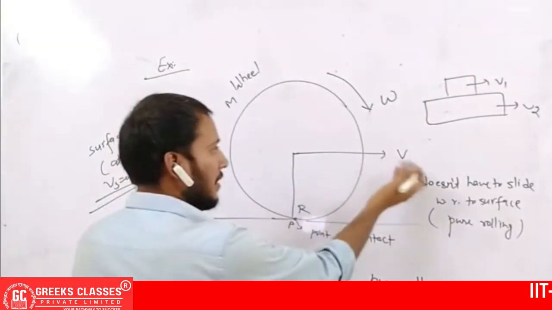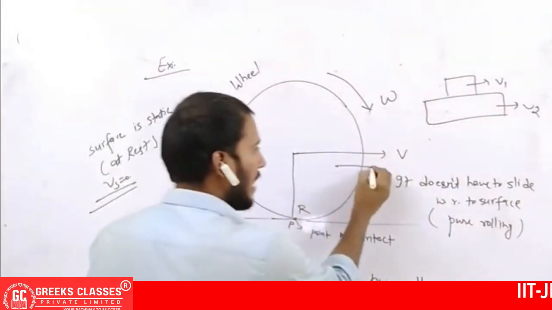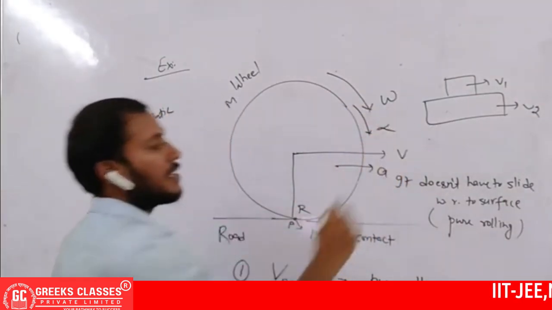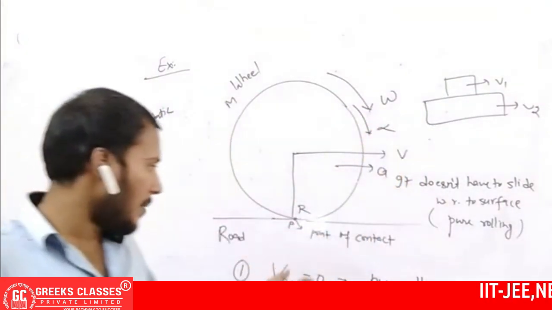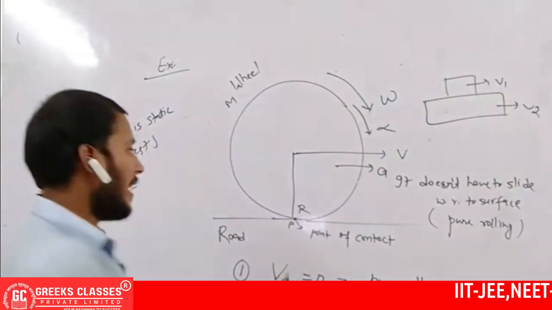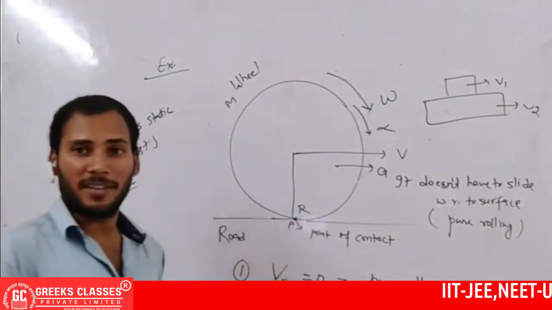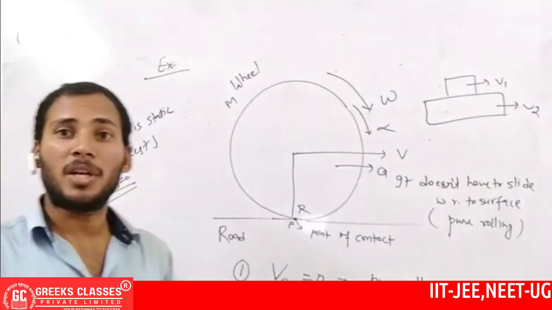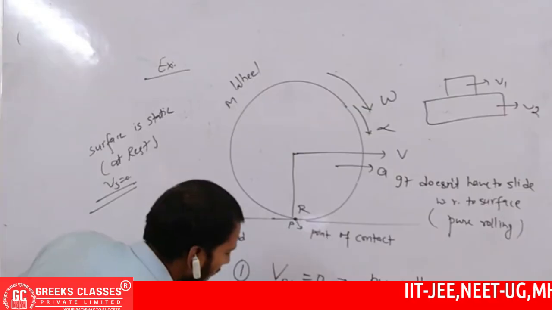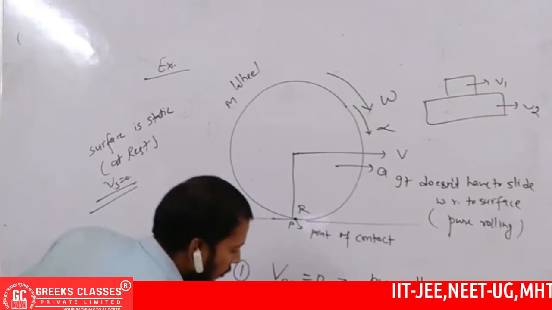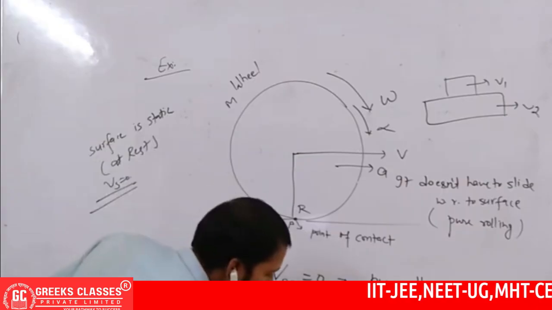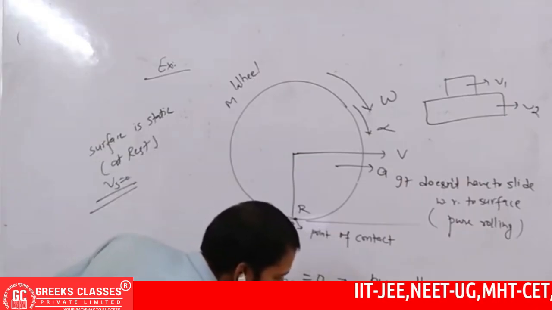A body with velocity may have some acceleration and it also may have some angular acceleration alpha. So just as we did for velocity, for no sliding, similarly the acceleration of this point with respect to the surface should be 0. So the second condition is that the acceleration of the point with respect to the surface should be 0 for no sliding.